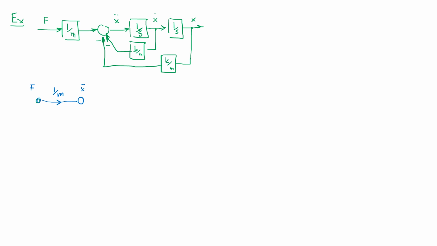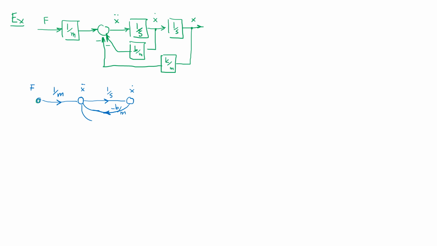So at this summing junction where x double dot is, I have two signals appearing. So I'm going to indicate those. And then I have another branch which goes all the way to the x dot node, but now you have 1 over s as the gain in the middle. But from x dot, I can now readily see that there is this arrangement available as a feedback with minus b over m as the gain of it.